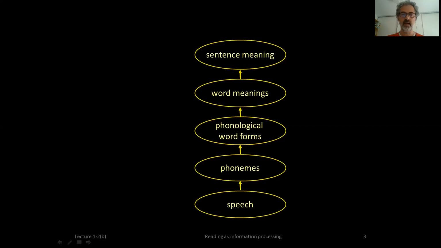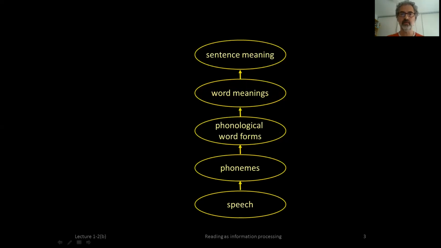So it is how the words that you know sound, and you can recognize these based on the speech you've heard. So your mind can tell what word you're listening to, and then of course your mind can map these forms to their meanings. So when you hear a word, then you know what this word means.